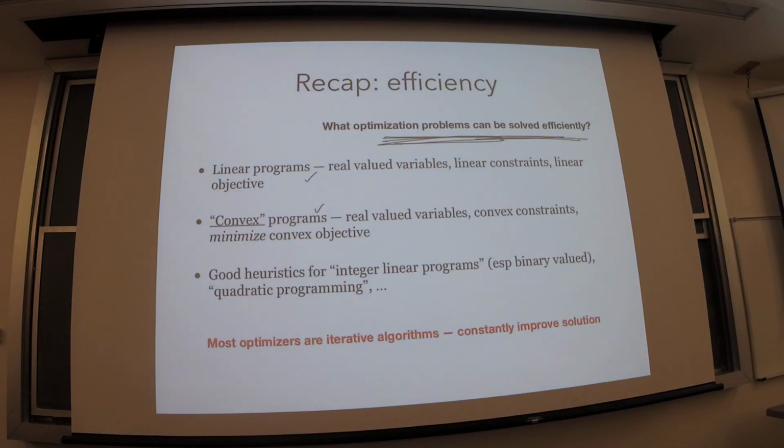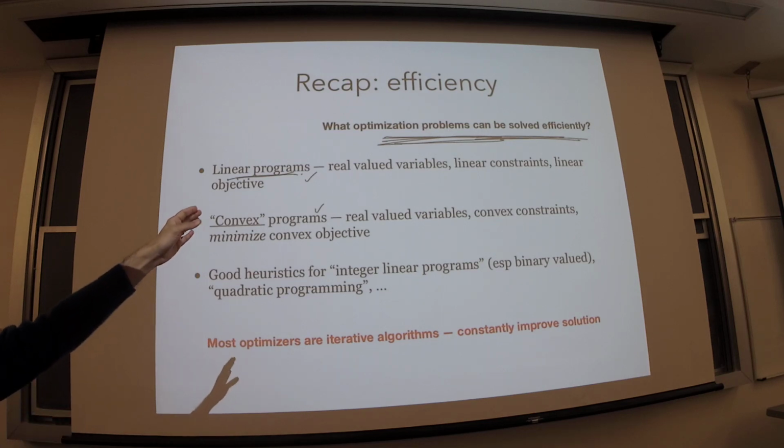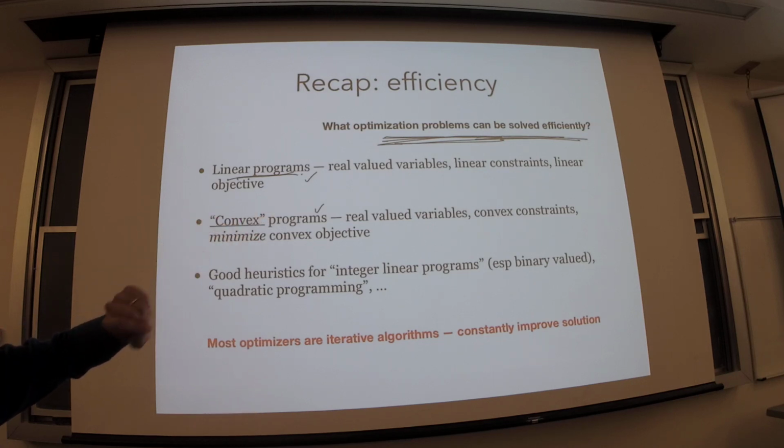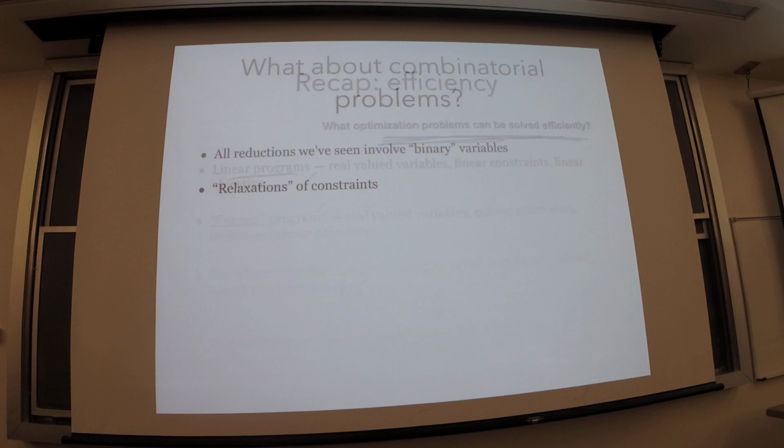All right. So going back, what we know is that you can solve linear programs efficiently. And as I said, linear programs are ones in which you have real valued variables, linear constraints, and a linear objective. So these are like continuous optimization problems.